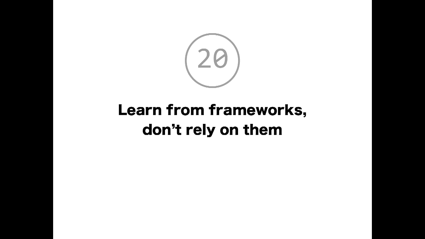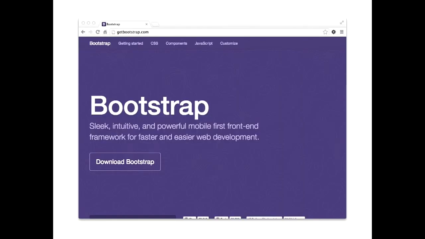Number 20, learn from frameworks, don't just rely on them. By all means, ingest as much as you can from them, but you have to remember that the guys who wrote the framework work in a different environment to you. So this is a nice one. It's all purple, it's got squiggly lines on it, it's fantastic. It's version 3.